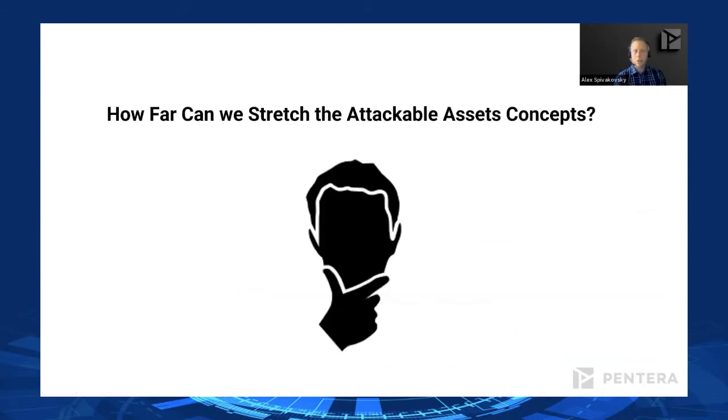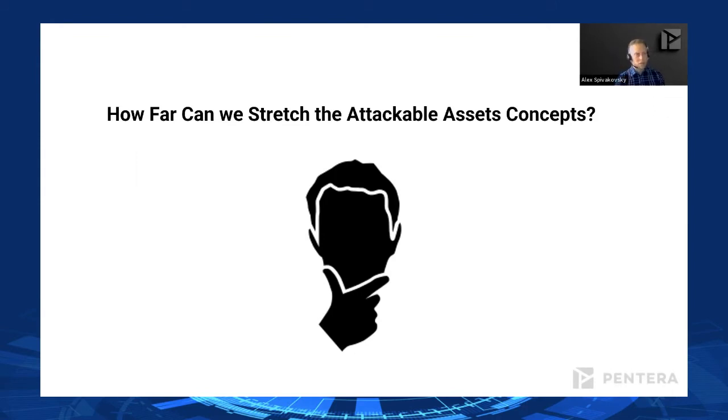So how far can we stretch the attackable assets concept? I talked about detection of supporting technologies, forms, error pages, great stuff, that delivered, from my experience, a lot of goods during the automation process of web validation.